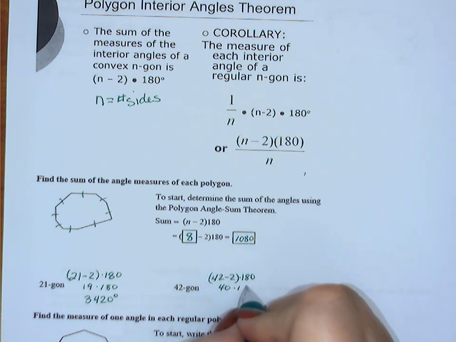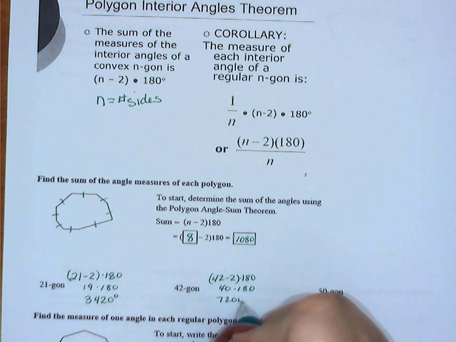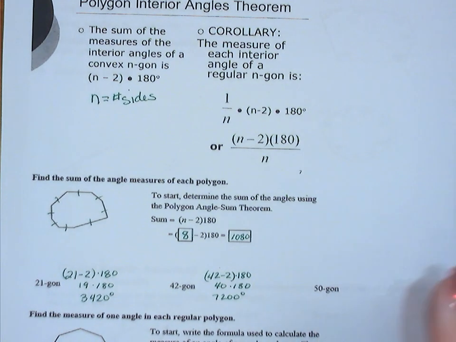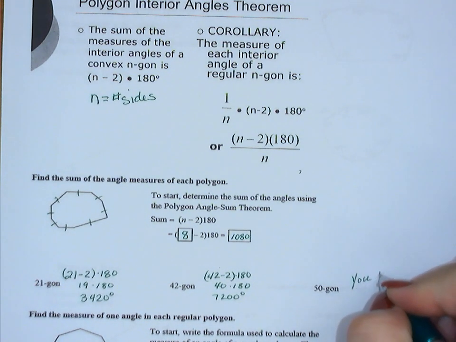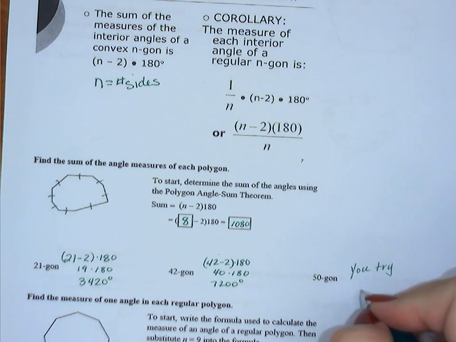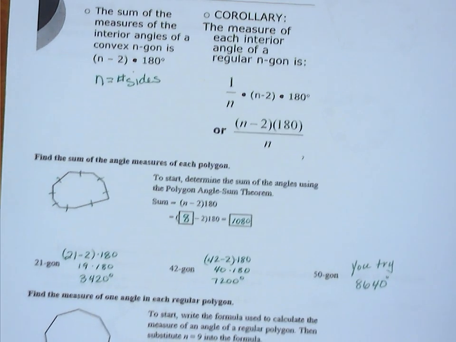That's going to give me 7,200 degrees as my interior angle sum. Okay, now you try this one. Pause the video and come back. Did you get 8,640? If not, let's talk about it when you get to class.